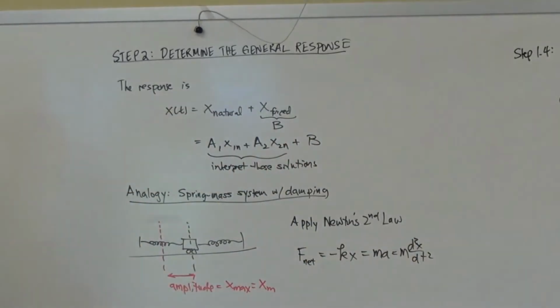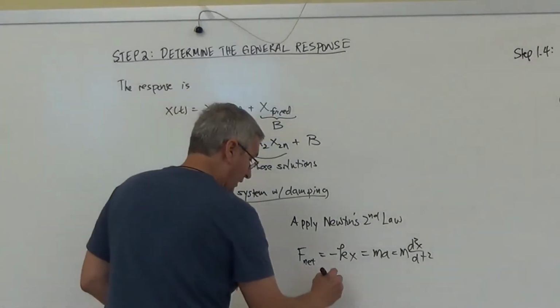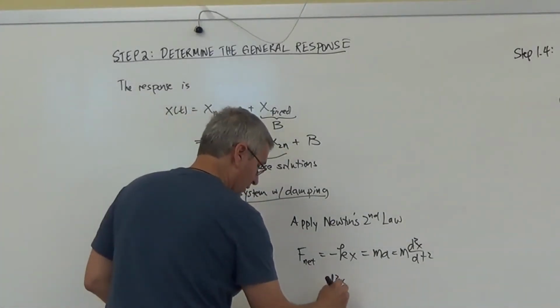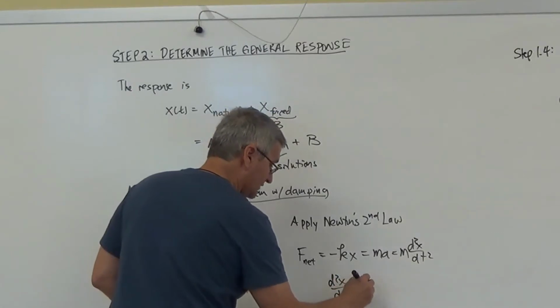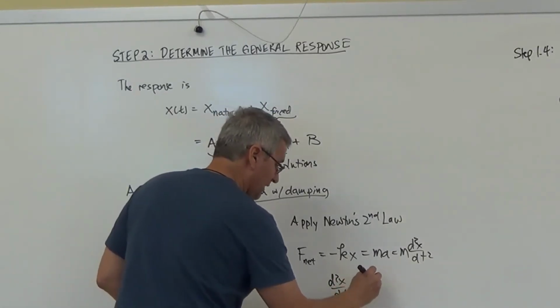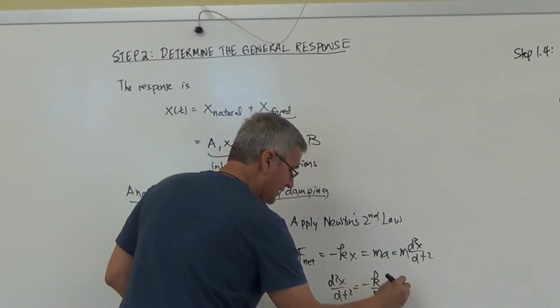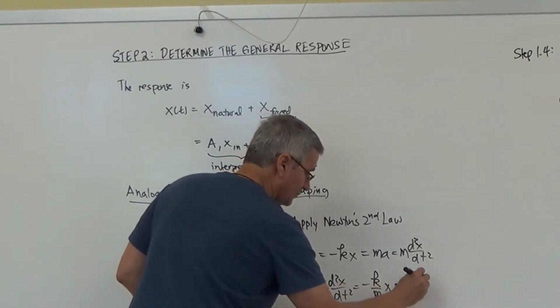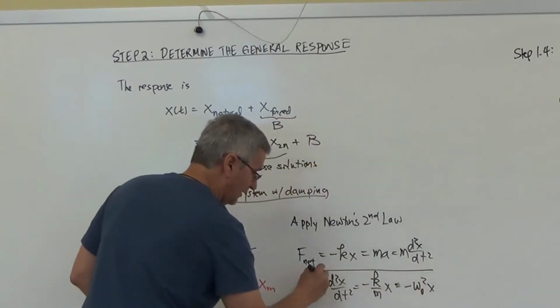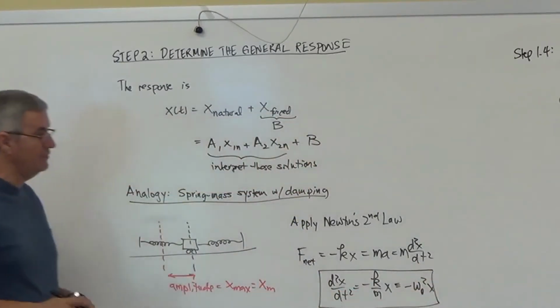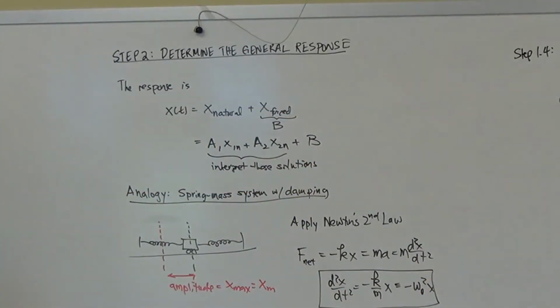If I manipulate this a little bit, we get something like minus k over m times x, and then they define this as minus omega squared times x. So this is the second order differential equation for this system.